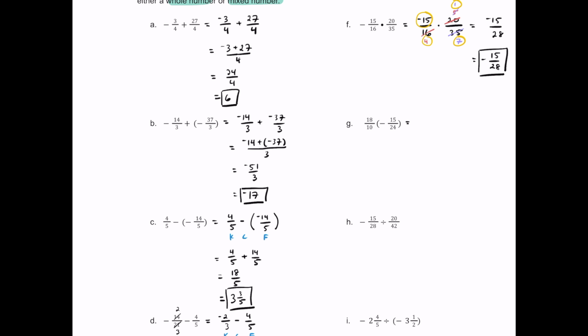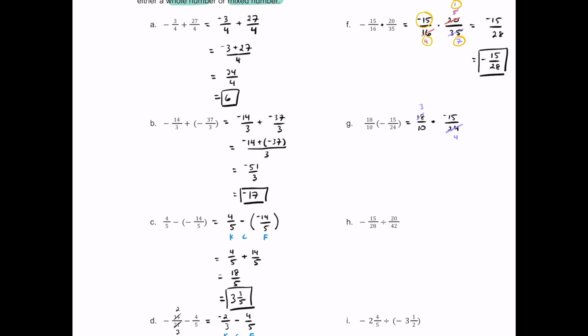For letter G, let's see, we have 18 over 10. We're multiplying this by negative 15 over 24, so keep in mind that parentheses just means multiplication here, okay? We have some cross-canceling we can do. For 18 and 24, you can divide them both by 6, that'll be 3, and that'll be 4.